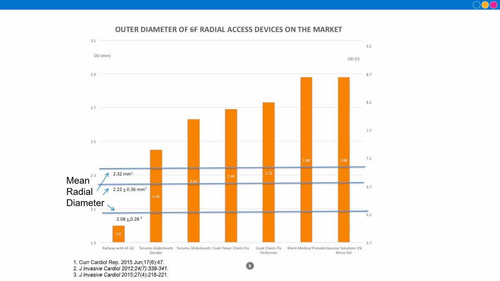So irrespective of which data falls into your patient population, the chances are the radial artery is smaller than your 6 French thin wall sheath, and more than likely your patient's radial artery is larger than a 6 French guide catheter.